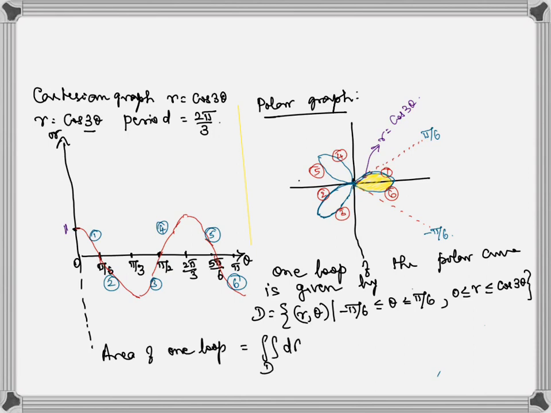The area of one loop is the double integral over D of dA, which is the integral of theta from negative pi by 6 to pi by 6, and for r it is 0 through cosine of 3 theta, r dr d theta. This dA changes to r dr d theta. We'll call it equation A.